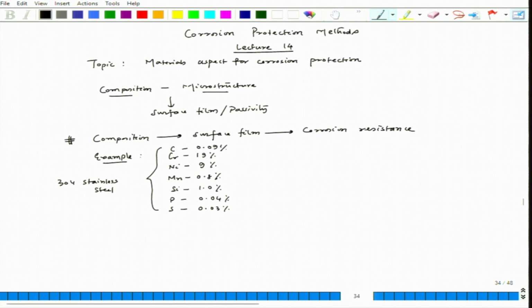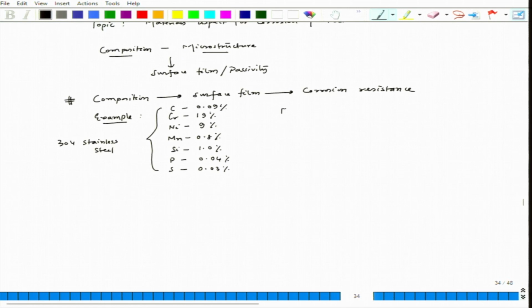If we note down those alloying element effects individually by looking at the penetration depth, let us say we talk about the effect of chromium. If we talk about penetration per year, on the y axis we are talking about penetration.